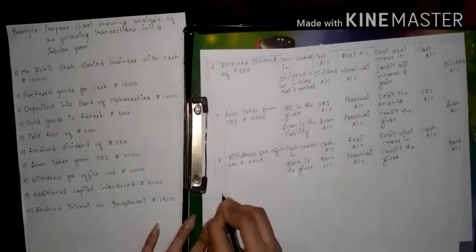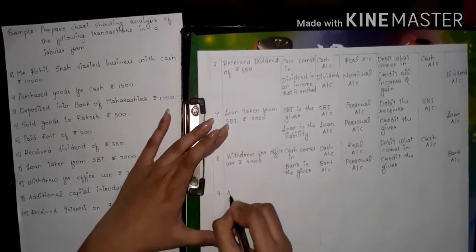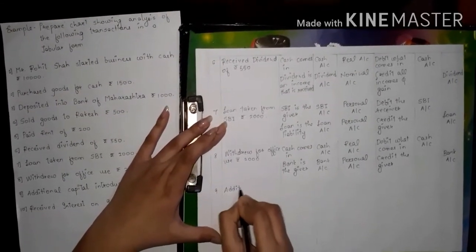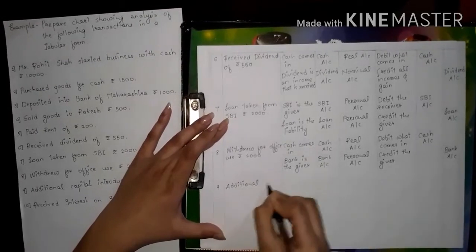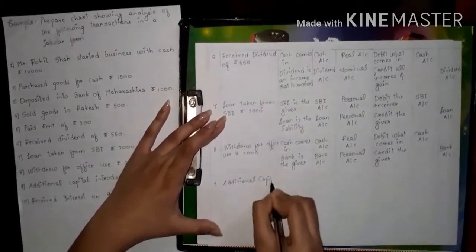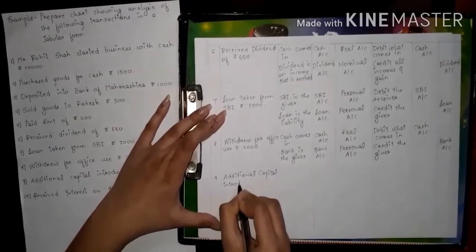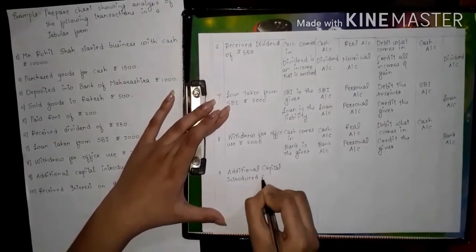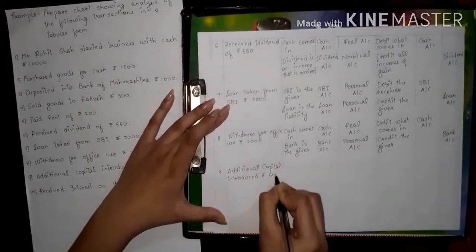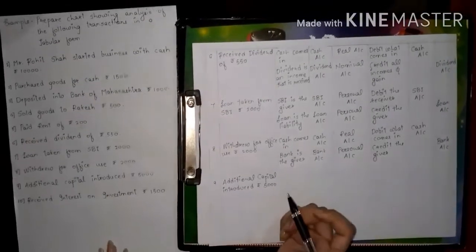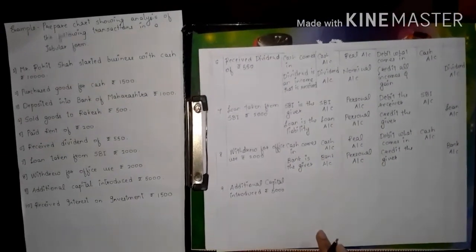We will write here: additional capital introduced rupees 5,000. Now there are two aspects involved in this.